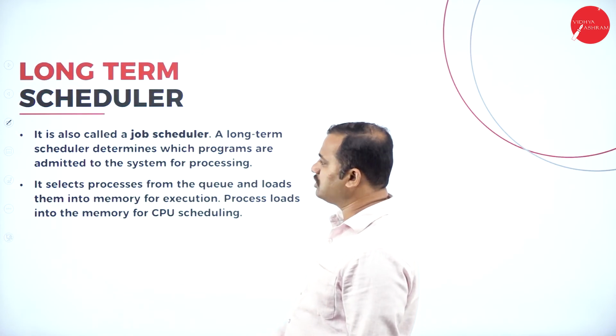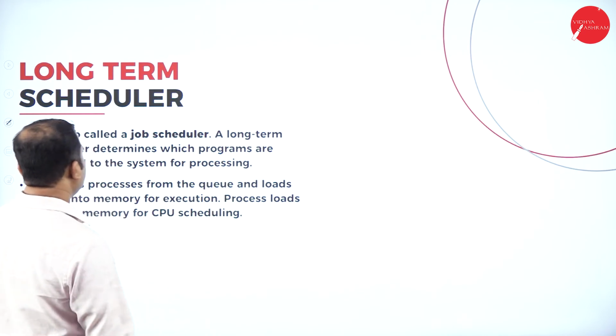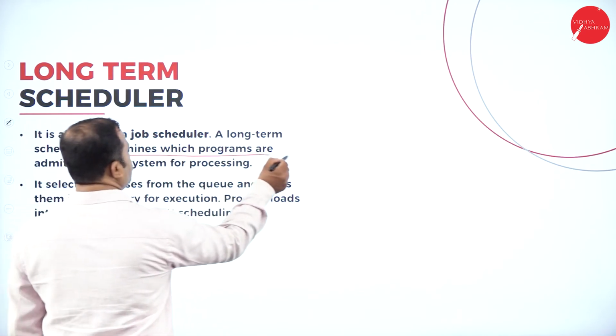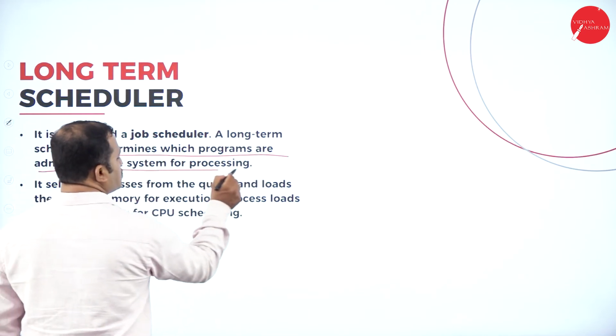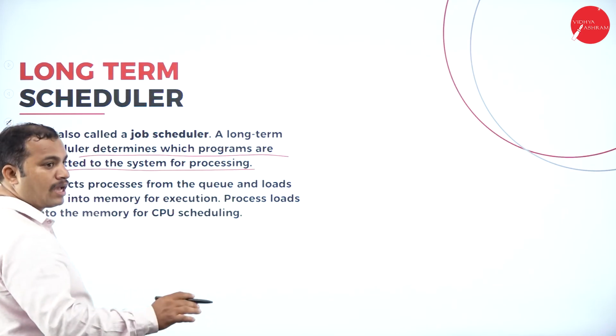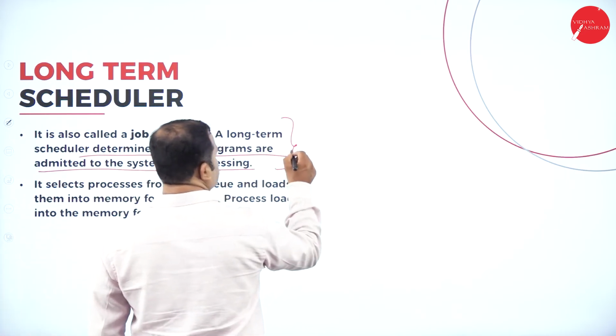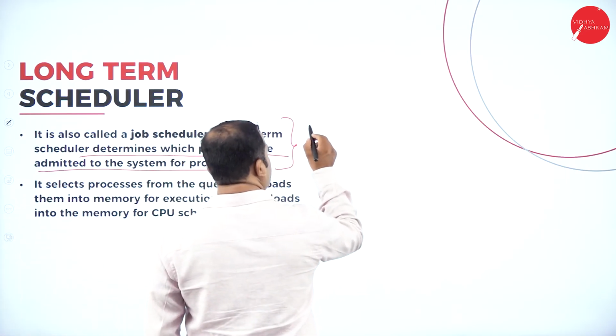What is the meaning of long-term scheduler? A long-term scheduler determines which programs are admitted to the system for processing. That means all of the processes that take more time for execution are handled by long-term schedulers. Example, device queue.